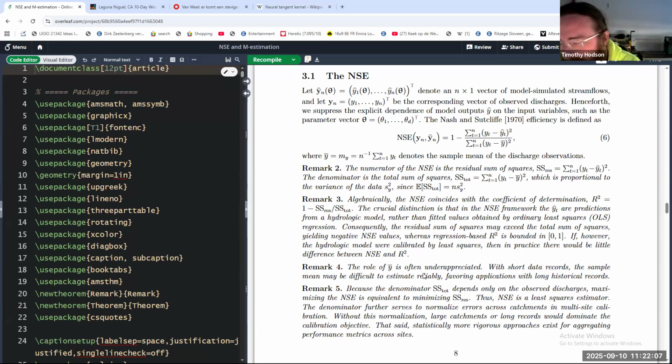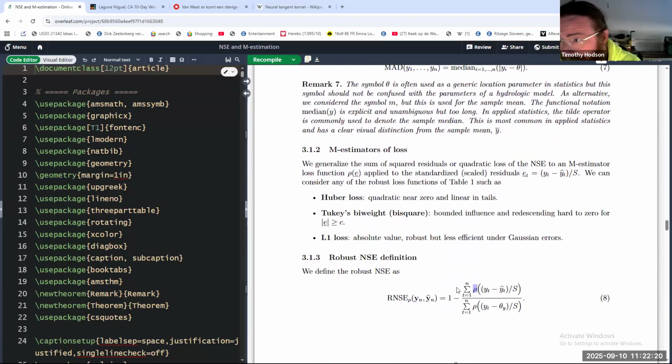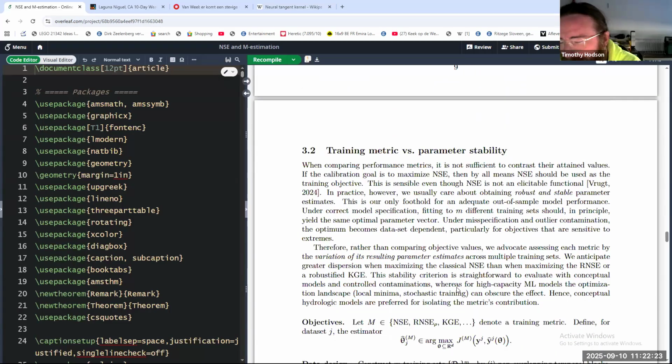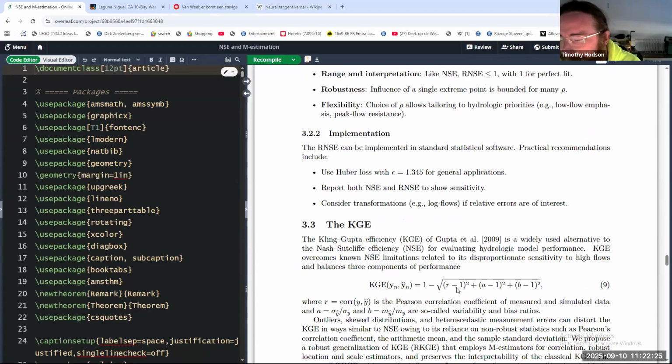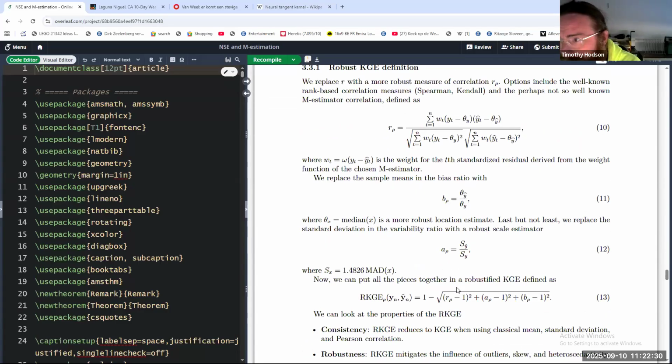But if that's the goal, you can design an R squared using MAD or Huber loss, or, as we've discussed, you can project all your data into a Gaussian space and then compute your metrics there. But the question is, is that what people want? Because Nash-Sutcliffe is often justified in subjective terms, like we're doing this because we put extra emphasis on matching the high flows, and that leads to more variance in your parameters.